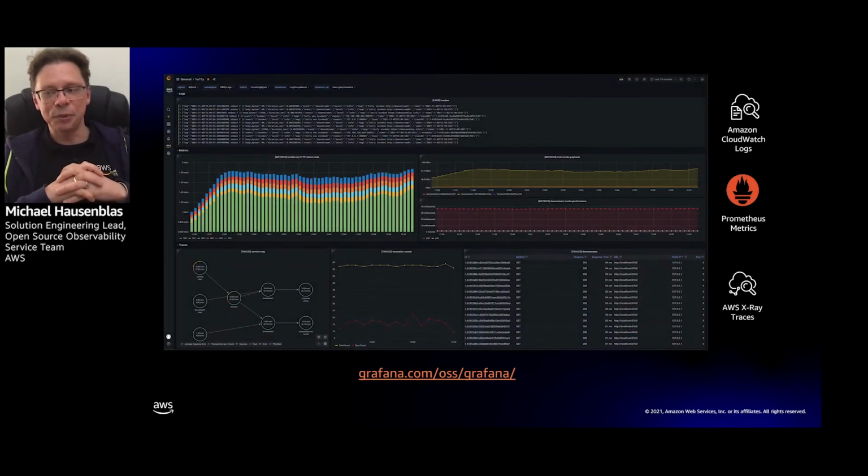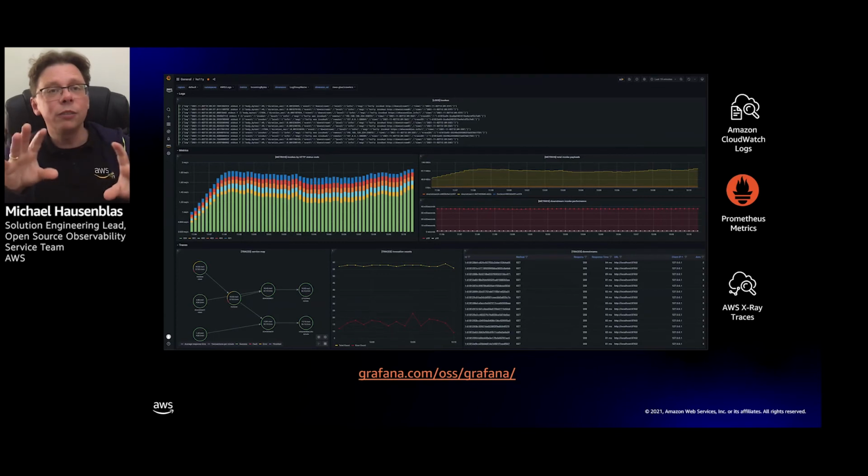Moving on to what I hinted at earlier already, the single pane of glass, Grafana. In this case, you see three different panels that use data from different data sources. The first panel uses log data from CloudWatch, the second one metrics data from Prometheus, and the third one, the bottom one, uses traces from X-Ray.